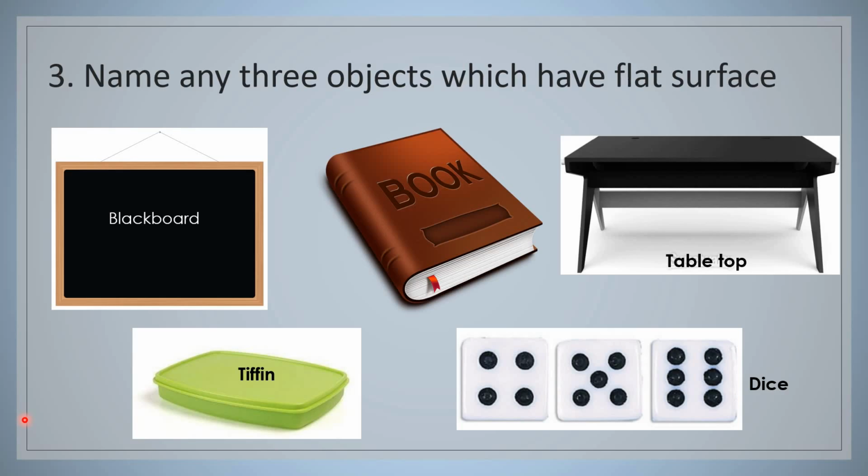A tabletop, the top of the table where you keep things, is also a flat surface. A tiffin, and also a dice. If you see one side of the dice, it has a flat or plain surface. So the answer is blackboard, book, tabletop, tiffin, dice, or you can write any other objects that you can identify which have a flat surface.